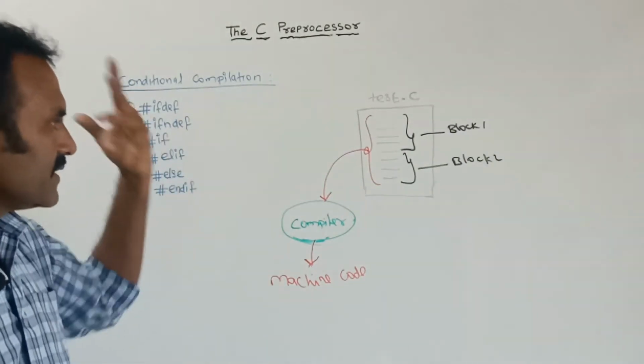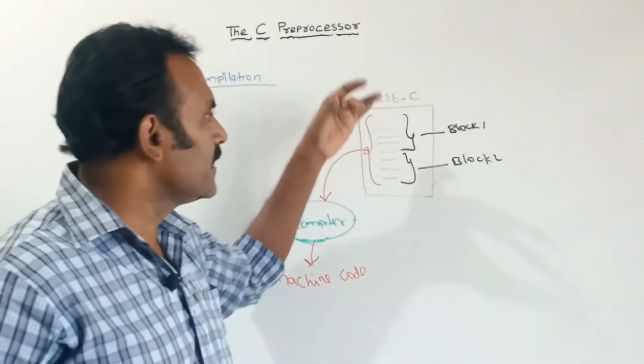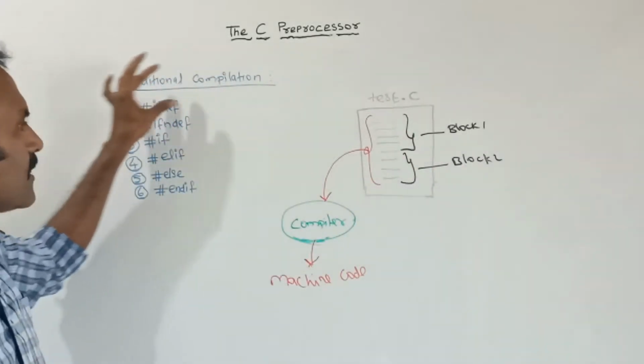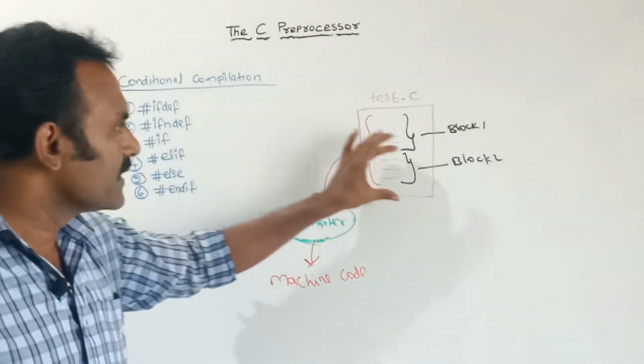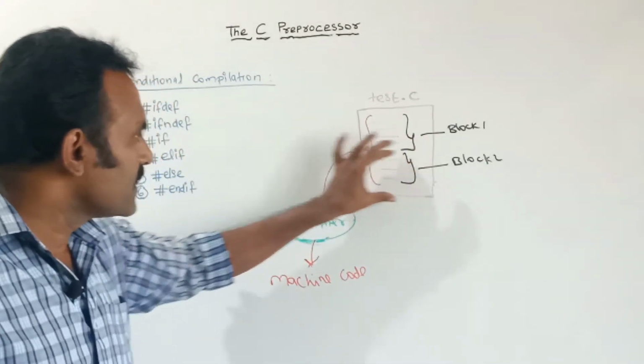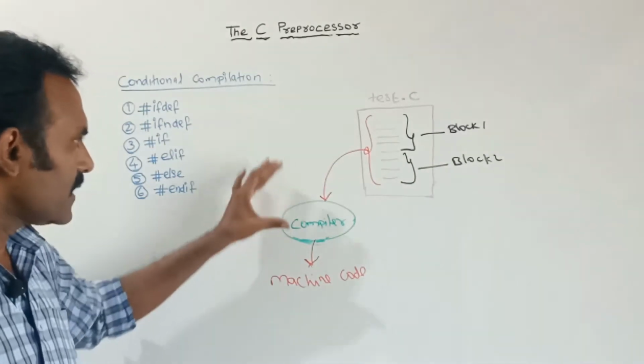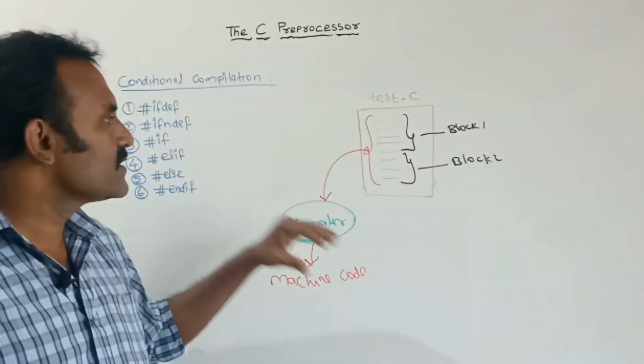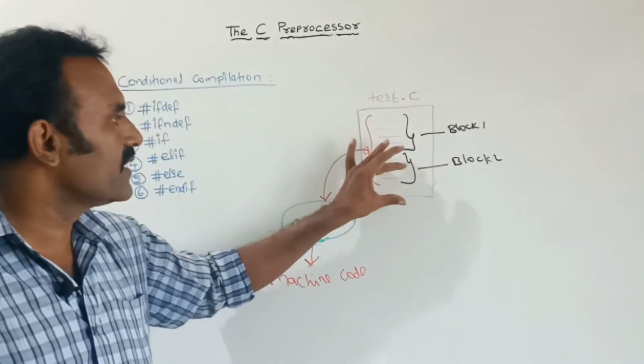Suppose I need block 2 and do not need block 1. That also, with the help of conditional compilation, we can give this block of statements as input to the compiler. Then block 2 will be converted into machine code, and while running, only block 2 will execute.